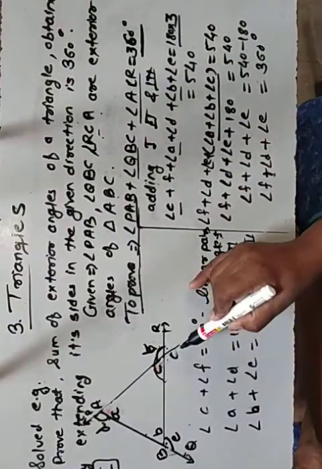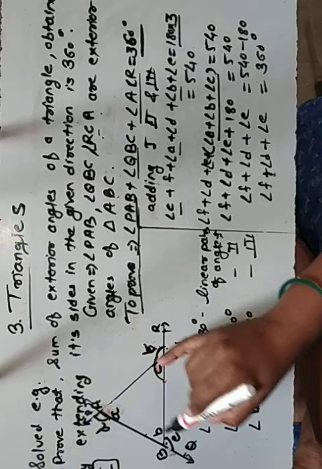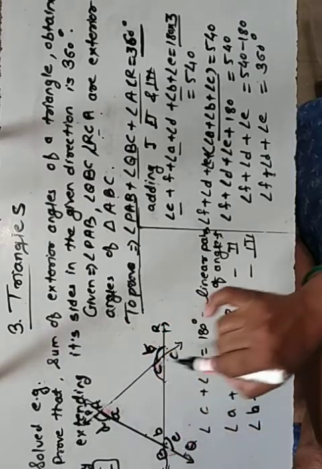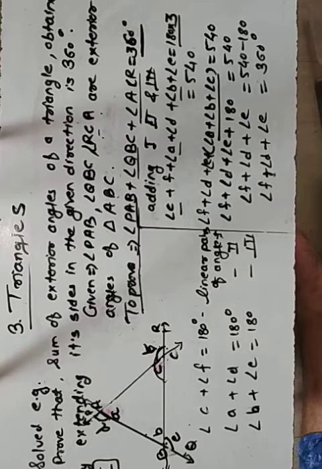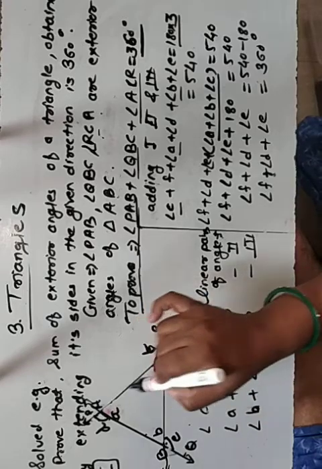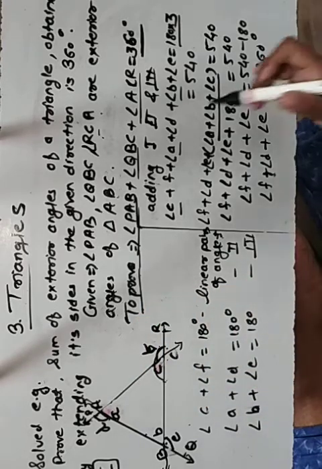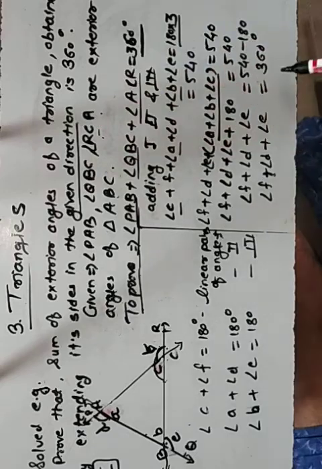And suppose we take all exterior angles in both directions, then the sum of all exterior angles of a triangle is 360 into 2, which is 720 degrees. But here they are asking for one direction, so the answer is 360.